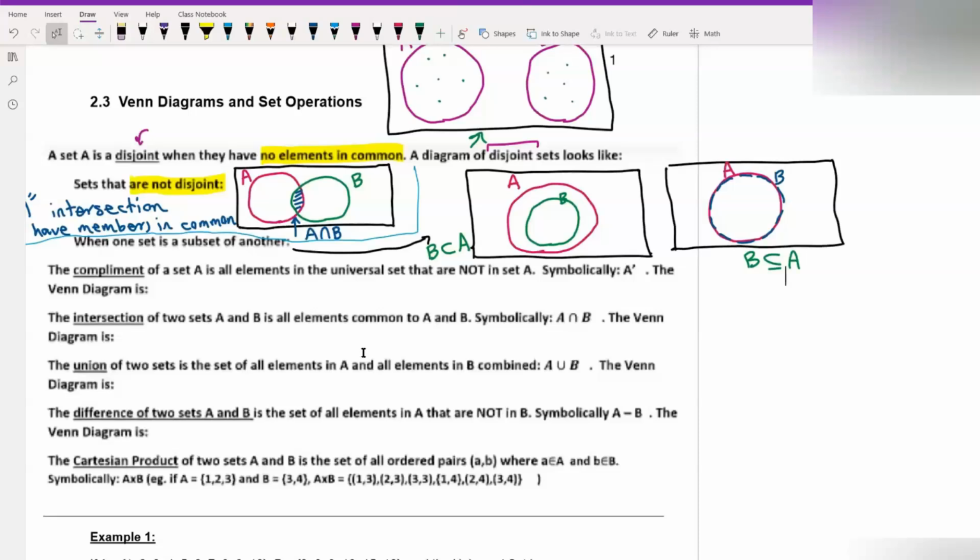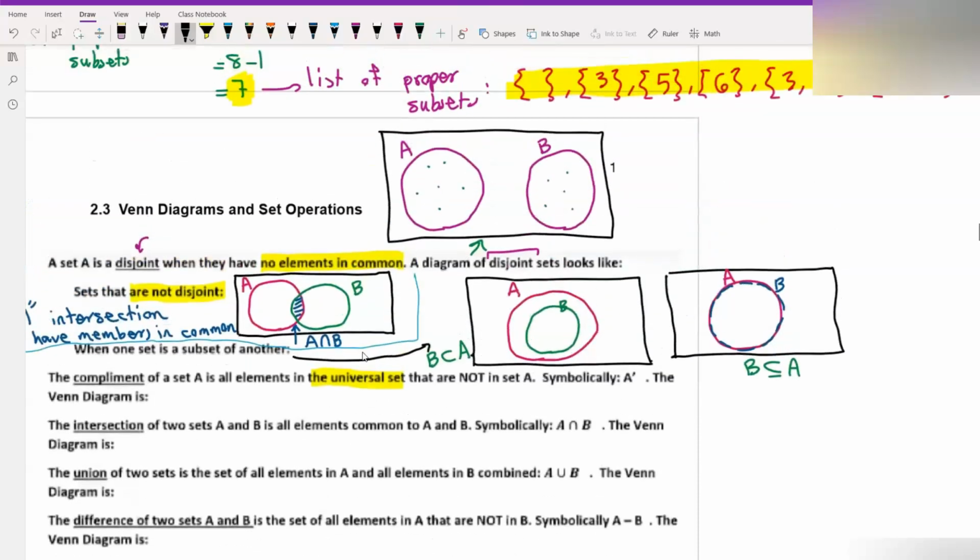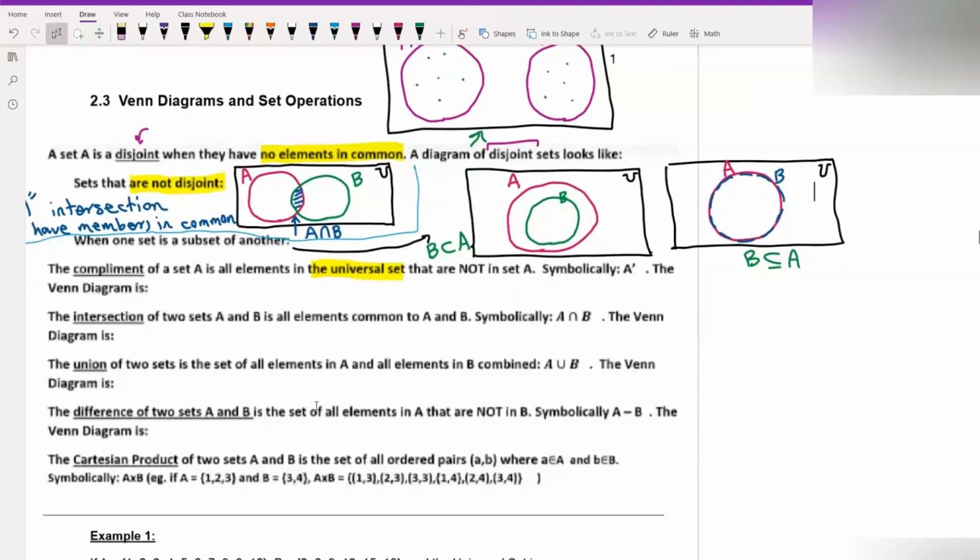The next one, the complement of a set A is all elements in a universal set that are not in set A. Now that we have this universal set here, what is that one? That is this rectangle. This rectangle was the universal set having all members inside. Using U for universal set. Now I'm going to draw this one too.